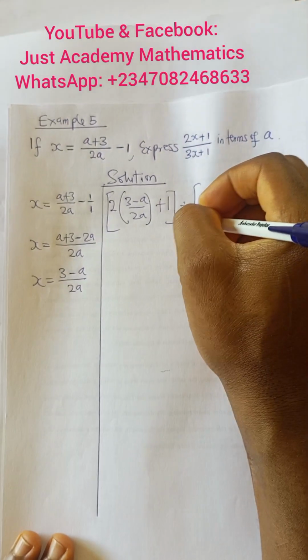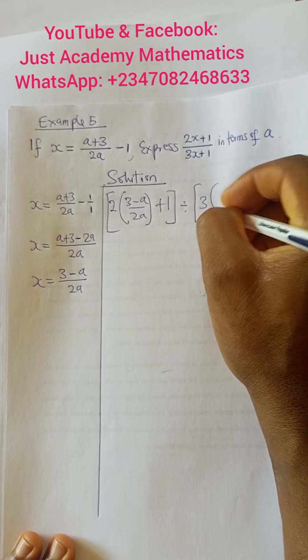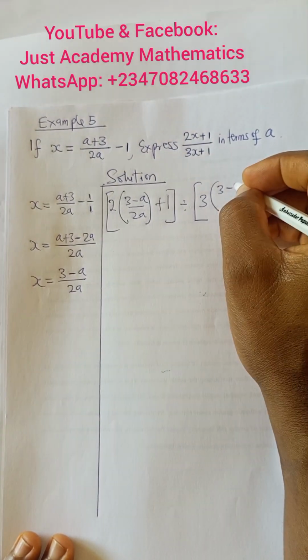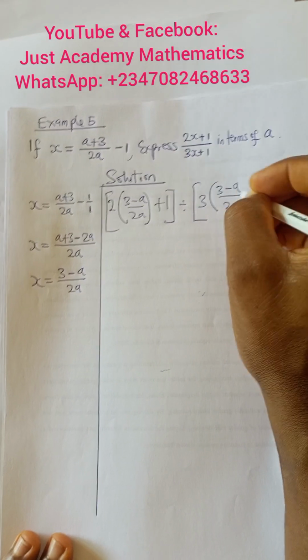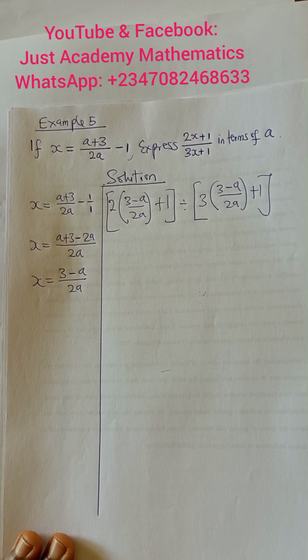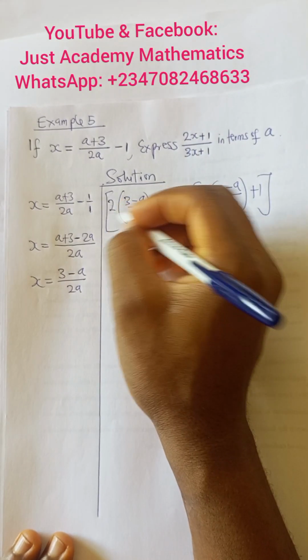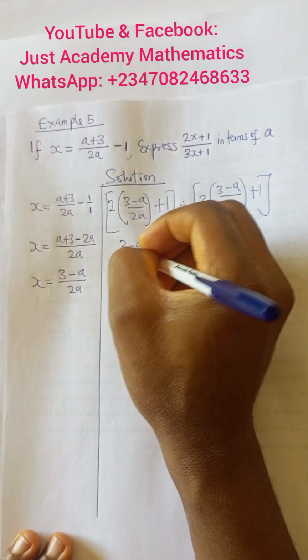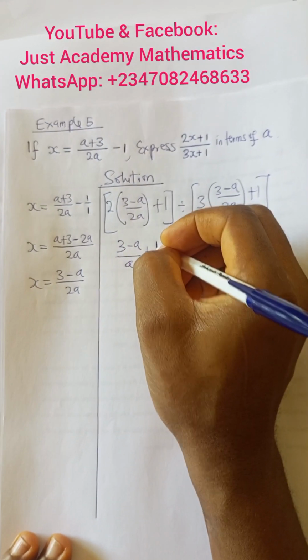Divide by the denominator is what? 3 times X, what? 3 minus A over 2A, plus 1. So that is what we are solving for now. So for this one, 2 we cancel this 2. So we are left with 3 minus A over A plus 1 over 1.